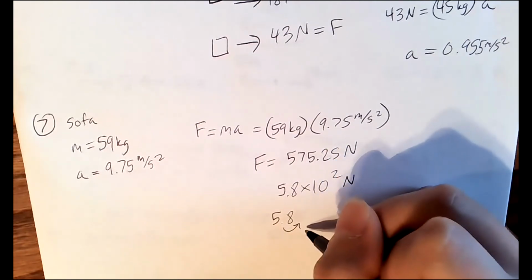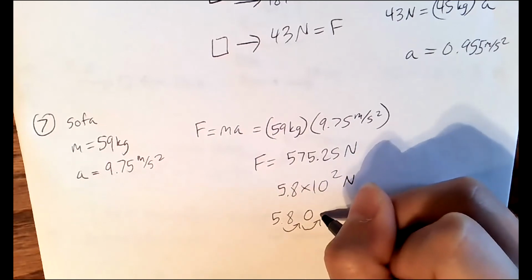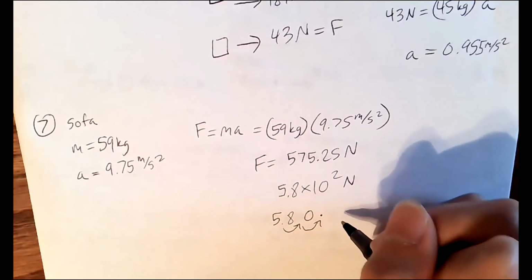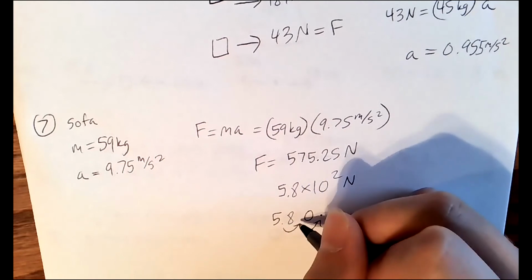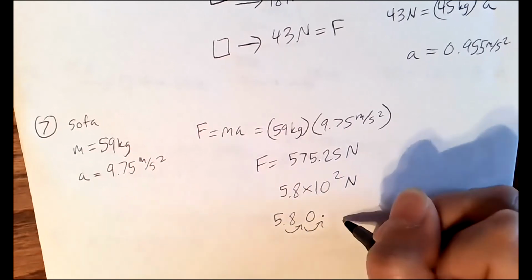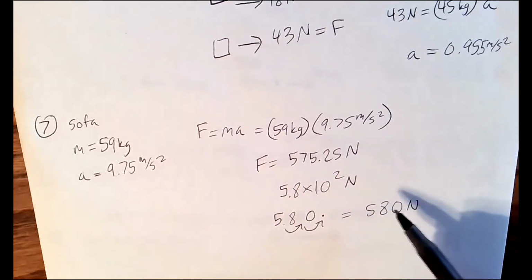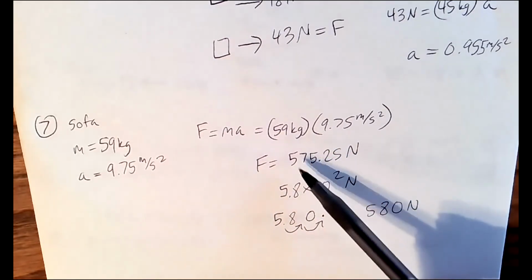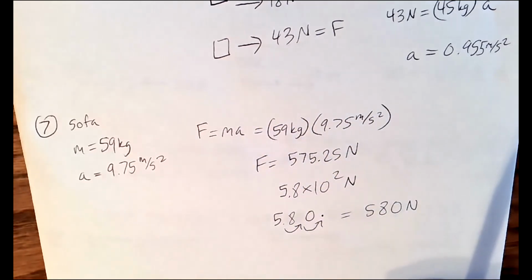So 1, 2. And then you'll add a 0 there. So that decimal point moved from there to there. So that's 580 newtons. And that is close to this, okay? So that's just rounding and using scientific notation. Not too hard, just be careful.